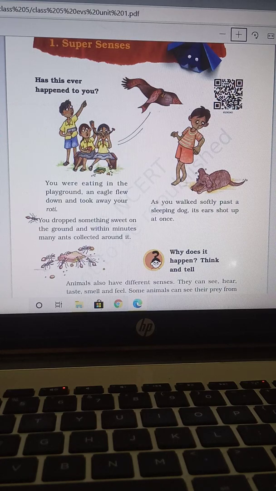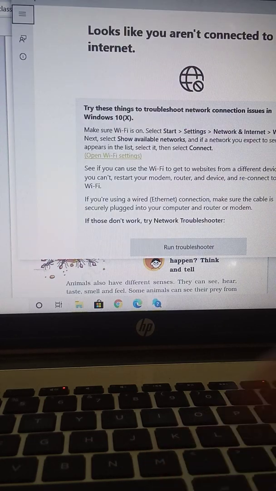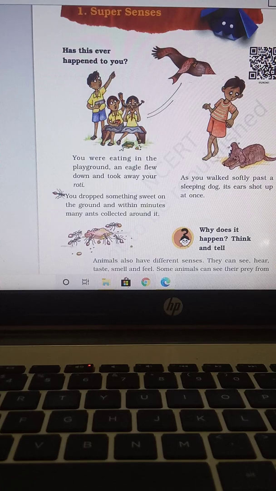Even animals have sense, but animals have different sense from other animals, which means different animals have different sense. I'll give you some examples for you to understand better. One very common example: when a mosquito bites you, how do you know that the mosquito is biting you?